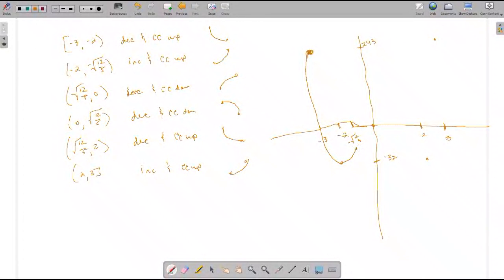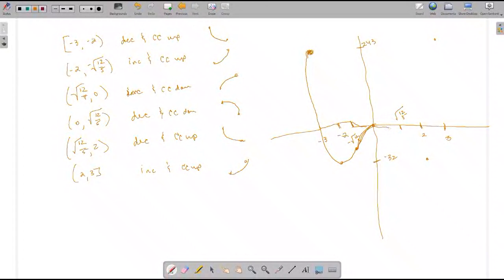But at this point, I change from being concave up to being concave down. And so my curve does this. And that's going to continue until I reach root 12/5 positive.